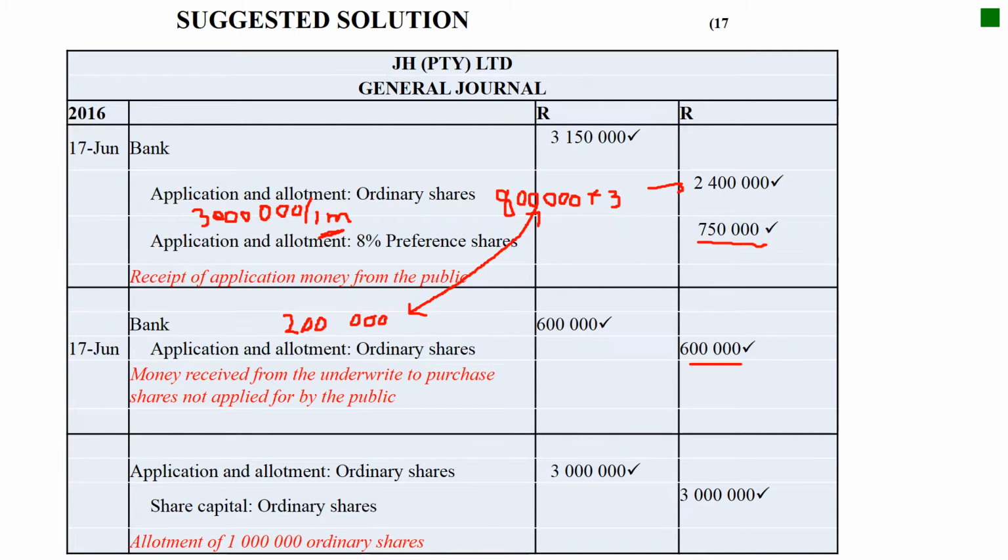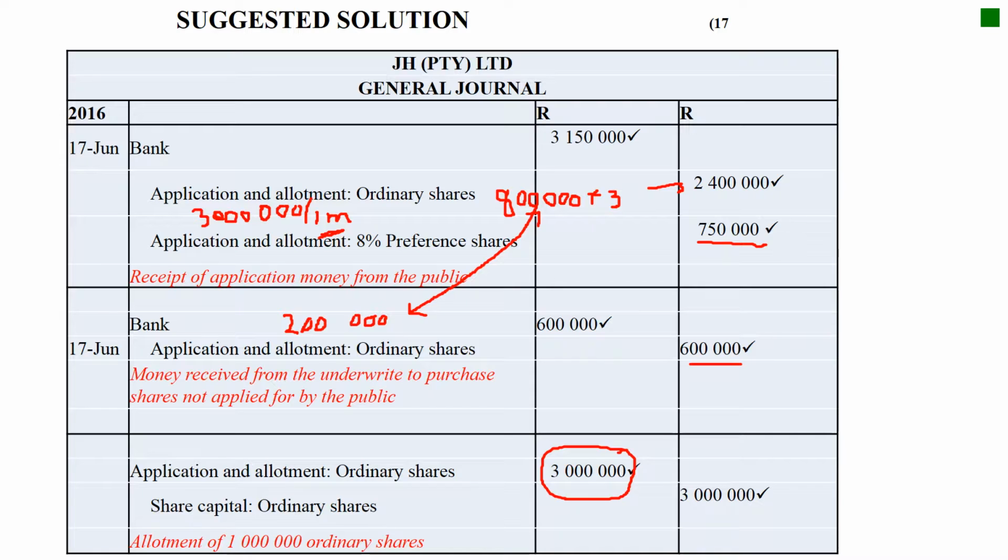So now the next step is to allot the shares. We now go and debit the application and allotment account for ordinary shares with a total of 3 million rand.